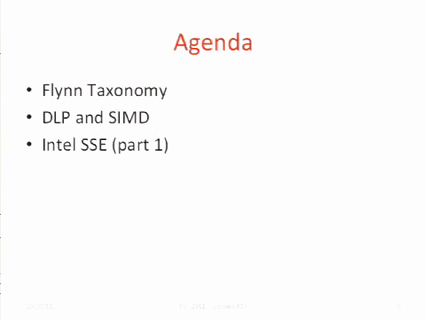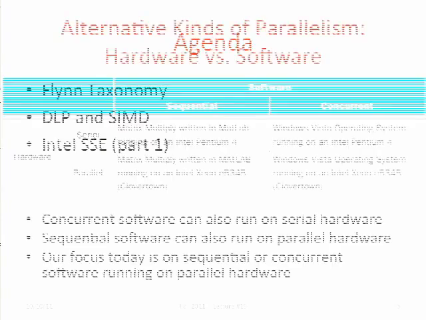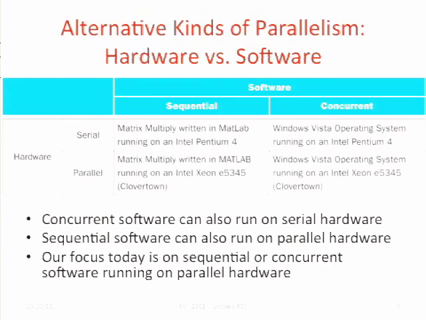Okay. So this is kind of straight out of the book. I don't want to spend too much time on this, but it's just basically saying when you're talking about parallelism, you've got sort of two general classes of things that can be parallel. You can have parallel software and you can have parallel hardware. Okay? And in software, typically you talk about things either being sequential or concurrent. Right?